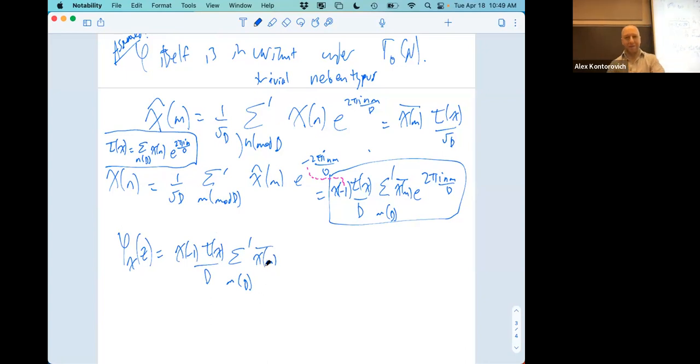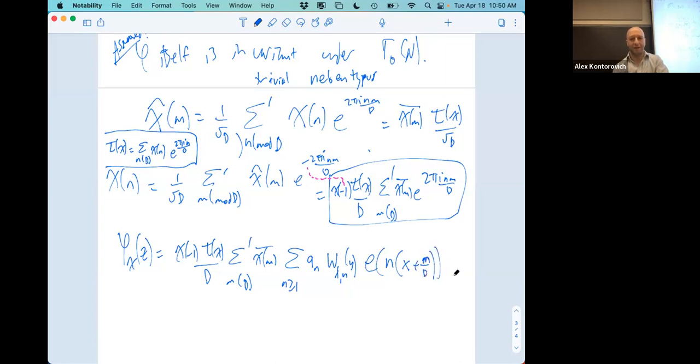I just always like to have the variables run over the thing they should run over. And then it's going to be the sum of n going from 1 to infinity, a_n, the Whittaker function of lambda n at y, e to the 2 pi i n x, and e to the 2 pi i n m over d.